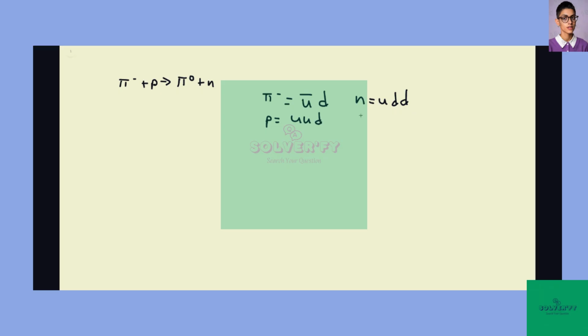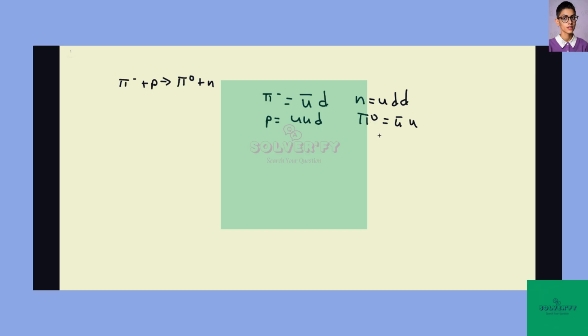Now for a neutral pion, the only way to make a neutral pion is an anti-up quark and an up quark combined. That will give you the correct charge, the correct baryon number, and the correct topness, strangeness, and bottomness.